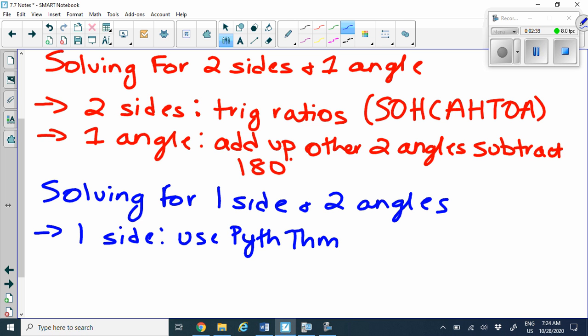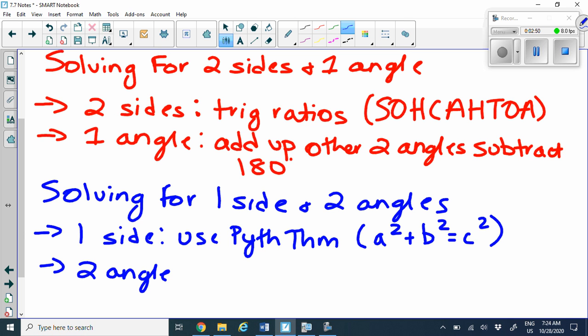So remember, that is our a squared plus b squared equals c squared. So that's the first thing we did in this chapter. And then if we have to find two angles, how we're going to do that is use inverse trig ratios. So that's what you learned in the 7.7 day 1 notes.